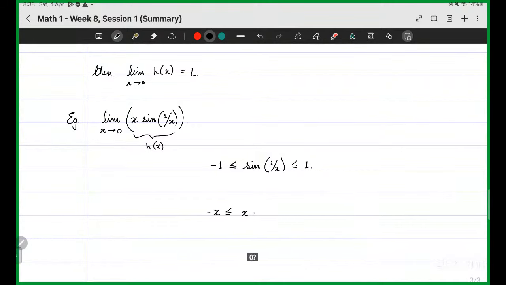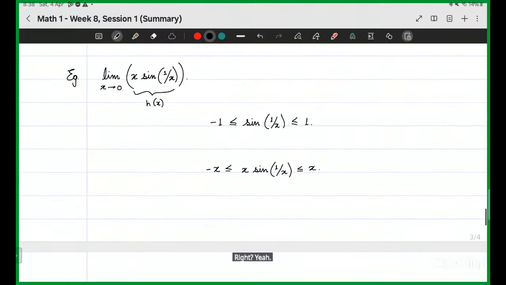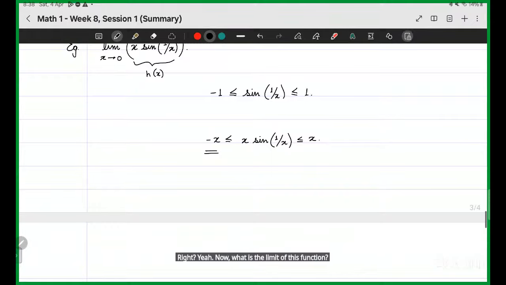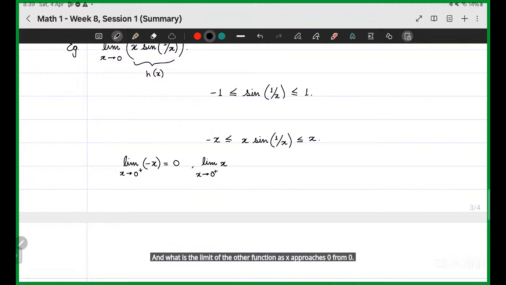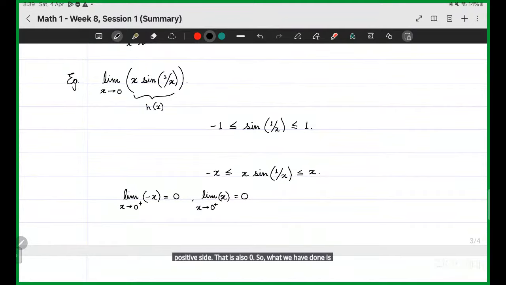Just multiply it by x. Will I not get minus x less than or equal to x sine 1 by x less than or equal to x? Now, what is the limit of this function as x goes to 0? It is 0. And what is the limit of the other function as x approaches 0 from the positive side? That is also 0. So what we have done is we have sandwiched the given function.